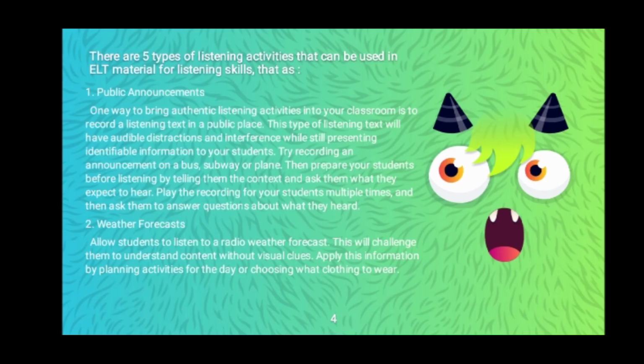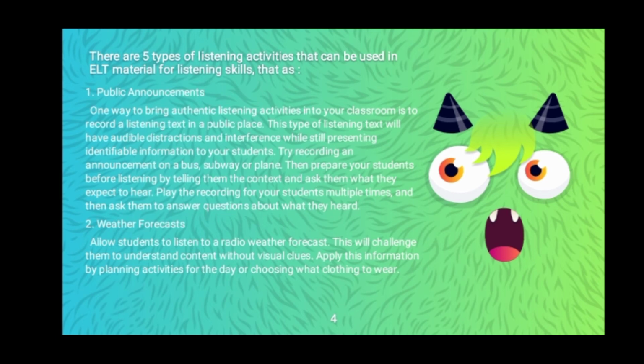There are 5 types of listening activities that can be used in ELT materials for listening skills, that is, 1. Public announcements. One way to bring authentic listening activities into your classroom is to record a listening text in a public place. This type of listening text will have audible distraction and interference while still presenting identifiable information to your students.